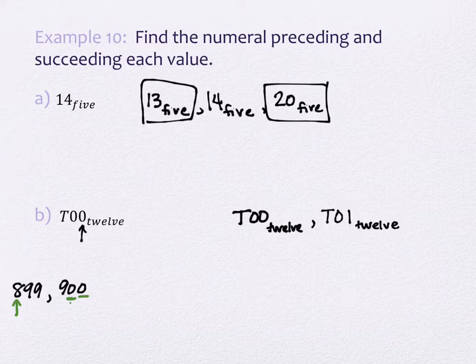So if we think through that with our number T00, the T at the beginning needs to go down by 1. What is T? 10. T for 10. That's the way our book does it. So what comes before 10? 9. So there will be a 9 before it.